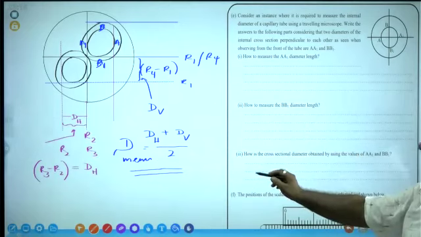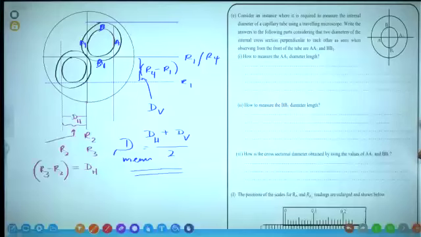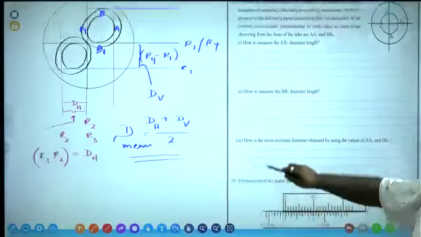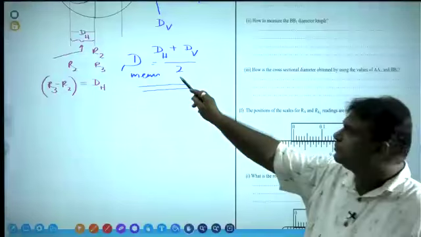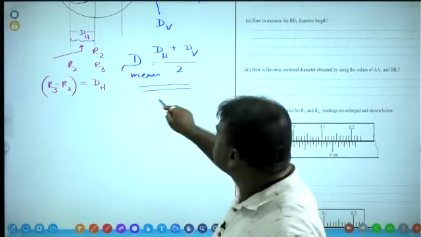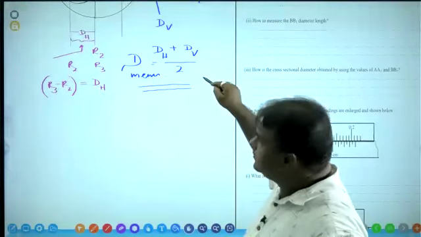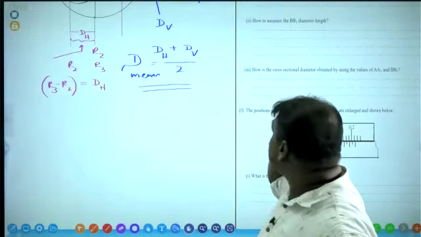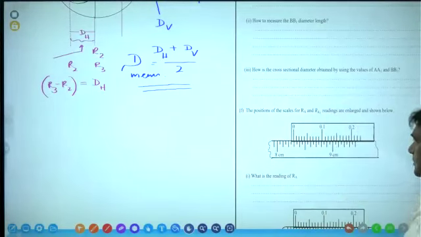Roman 3: by considering the mean diameter of BB1 and AA1, the mean cross-sectional diameter can be calculated.